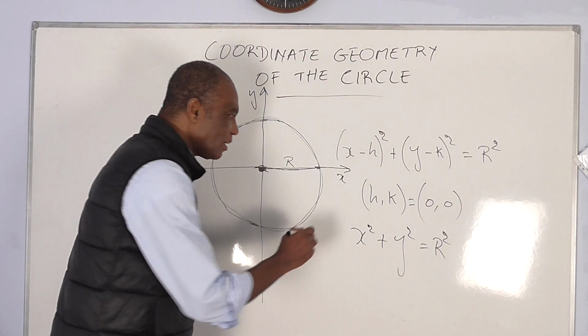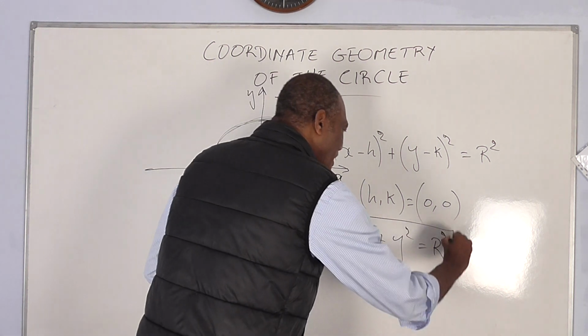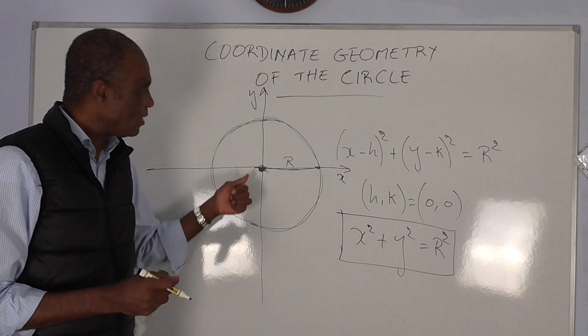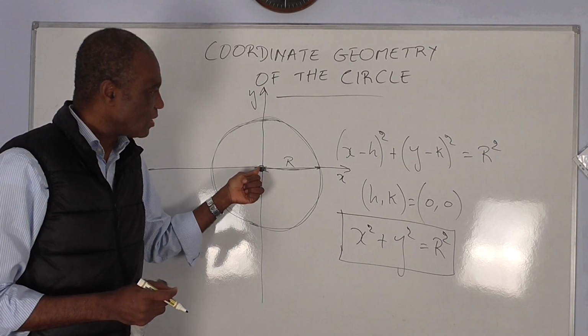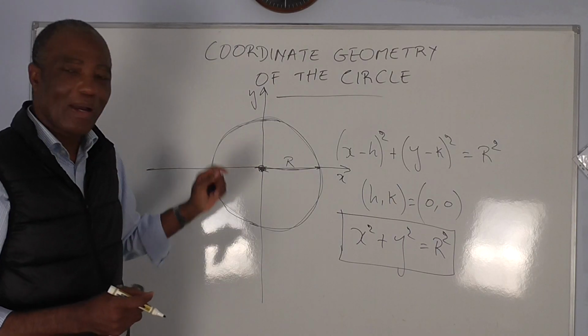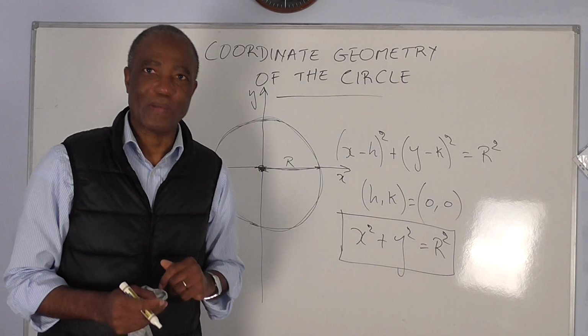And this is the equation of the circle when the circle has the coordinate of the center there at the origin of the axis.